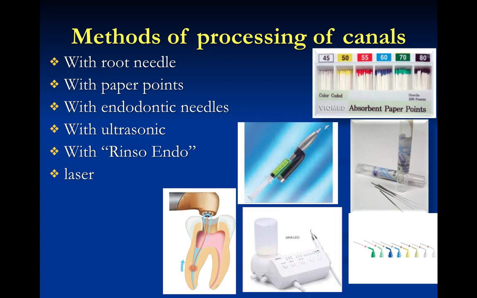After wrapping the cotton on the root needle, we should moisten it and insert it into the canal. Moistening with antiseptic materials like sodium hypochlorite, chlorhexidinum, hydrogen peroxide, and so on.